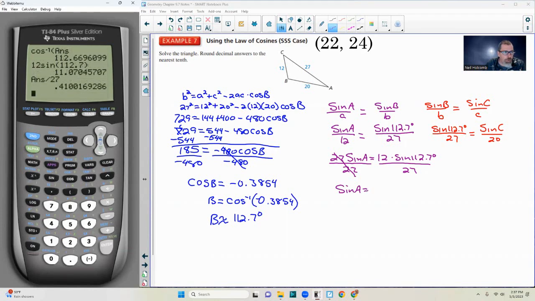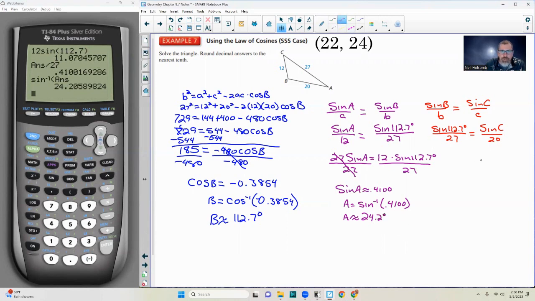Enter. And I got 0.4100. And that's an approximation. And now I'm going to find A by taking the sine inverse of that 0.4100. So A is going to be approximately second, sine, second, answer, enter, 24.2. That is a degree.